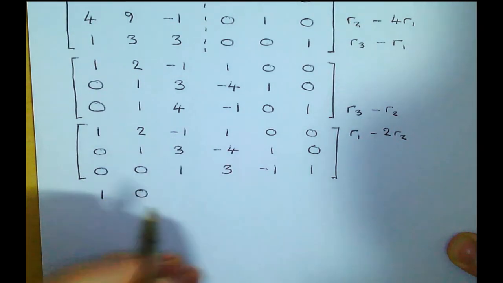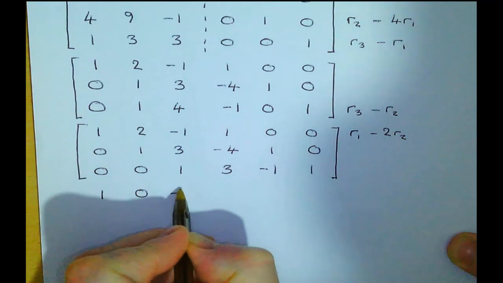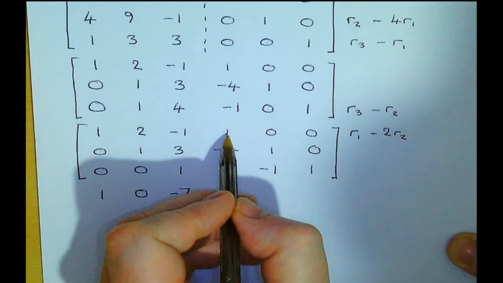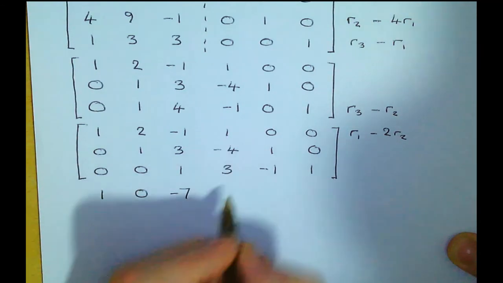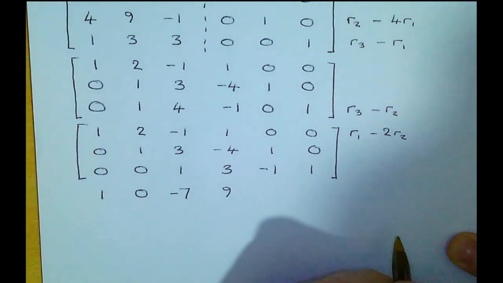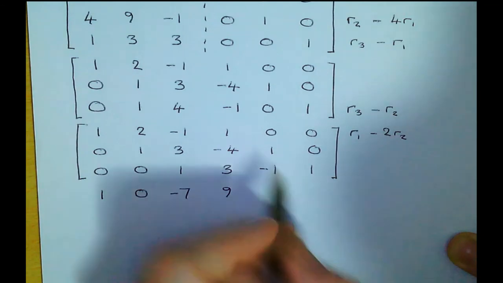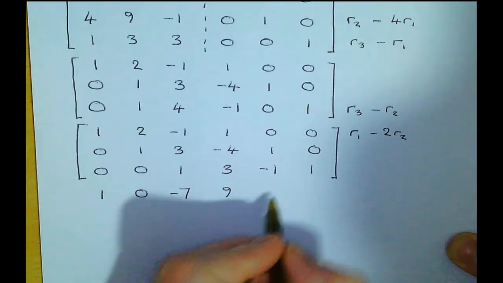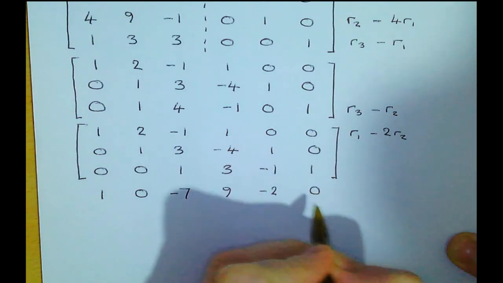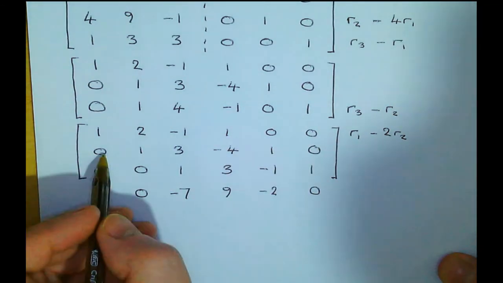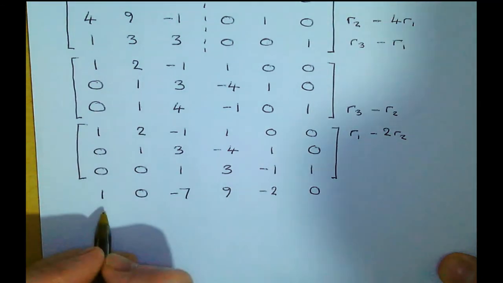Minus 1 minus twice 3. 1 minus twice minus 4. 1 plus 8. That gives us 9. 0 minus twice 1. 0 minus twice 0. The bottom two rows stay as they were.